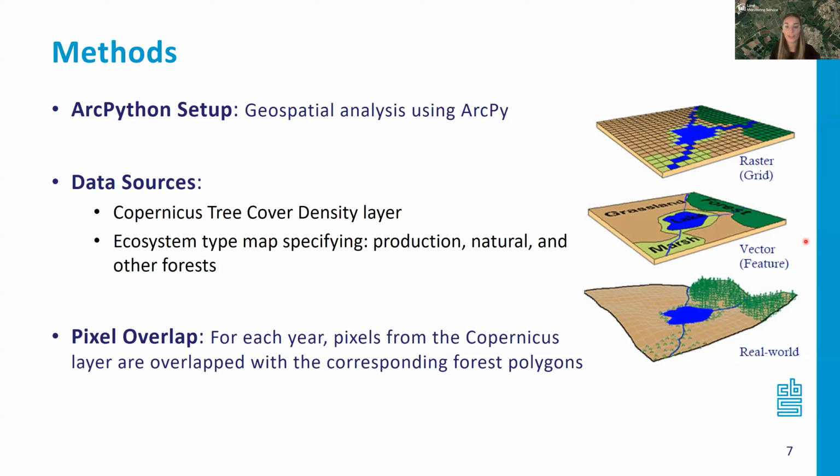So for each year, we then looked at the pixels from the Copernicus layer and overlapped them with the corresponding forest polygons from our ecosystem type map. Basically a bit like we can see here on the right. So this is the real world. And then here we would have the polygons from our ecosystem type map. And this would be the Copernicus tree cover density layer.